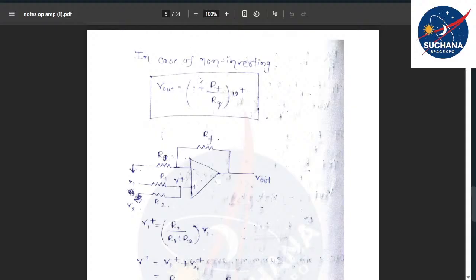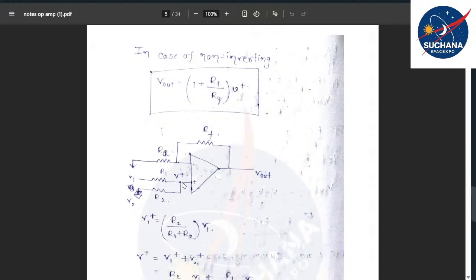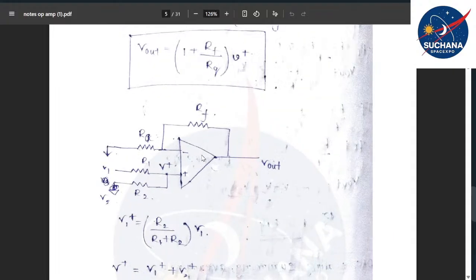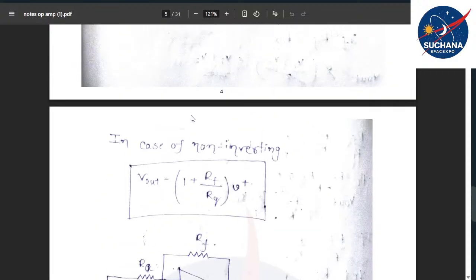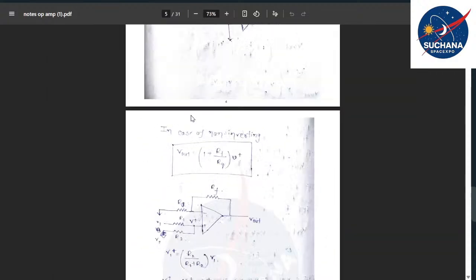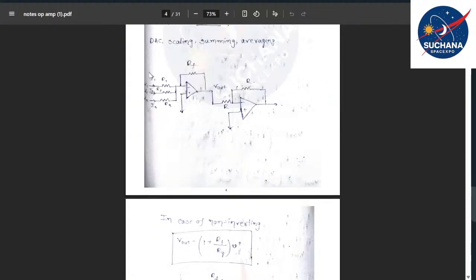So in the case of the non-inverting amplifier, what's the difference from the inverting amplifier? If you just observe the circuit diagram, the schematics, what difference can you observe? In the inverting amplifier, the input signal voltages are applied to the inverting terminal of the op-amp.